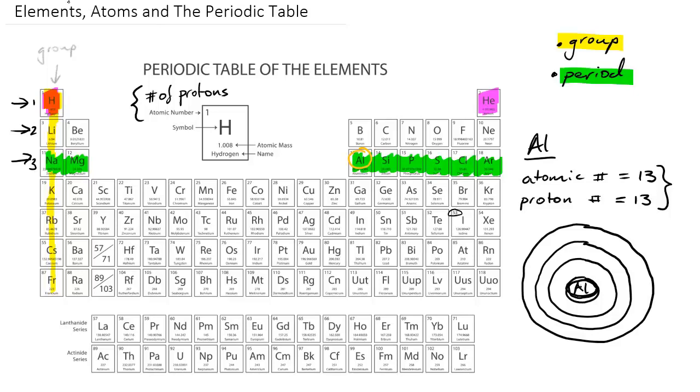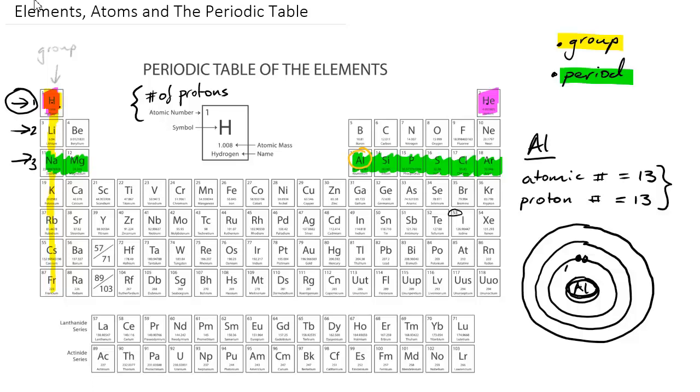What that means is the very first shell in aluminium has 2 electrons present in it, because as you go across the period, the significance is that more electrons are being filled within that shell. Remember, the first period looks at the very first shell.